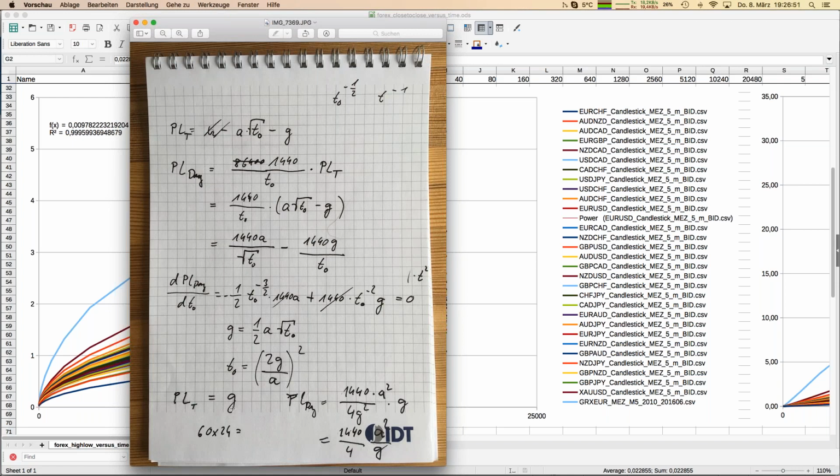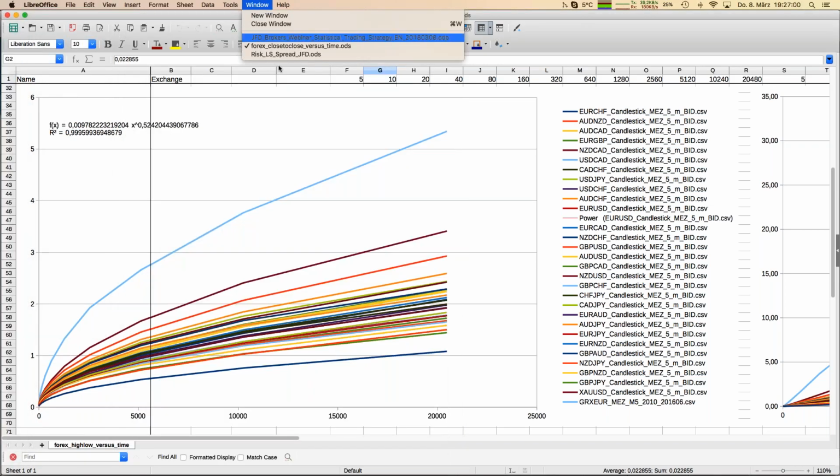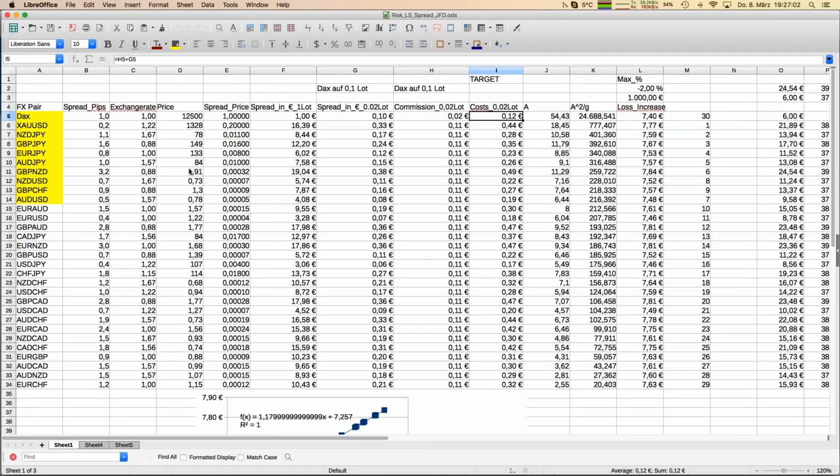Let's do it a little bit more practically, already in a table, to get those numbers ready for our trading strategy. I have another table here, and what I put into the table already are those investigated underlyings, the forex pairs, and additionally DAX and gold.